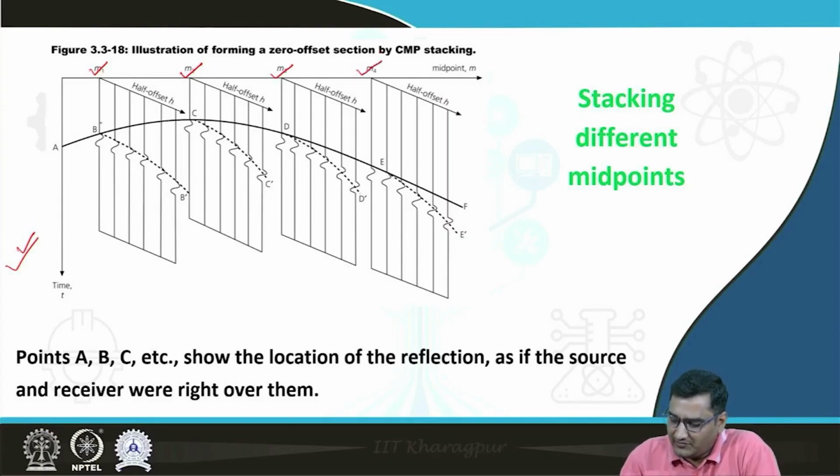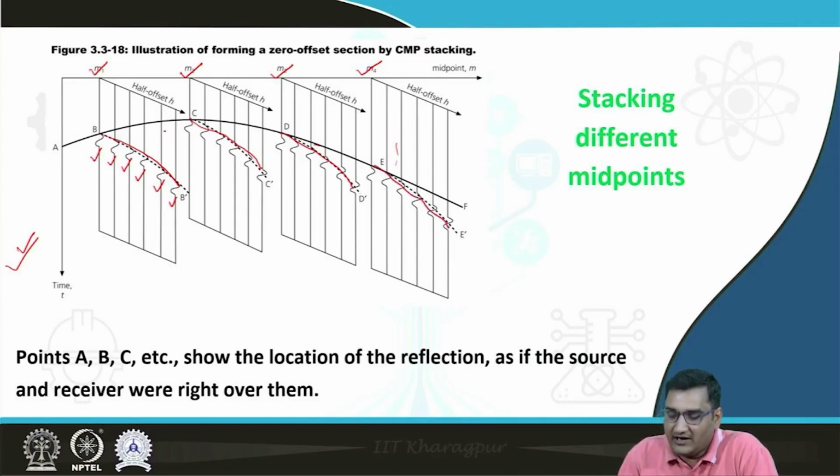And for each midpoint, we have these traces like trace 1, trace 2, trace 3, trace 4, trace 5, trace 6. And this is the reflection hyperbola going through each of these traces for midpoint M1. Likewise, for M2, we have this hyperbola. For M3, this is the hyperbola. For M4, this is the hyperbola.